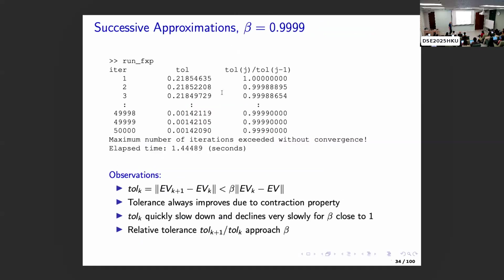So that's pretty good. So here's what happens if you do successive approximations with a discount factor that's very close to 1, just like John had in 1987. Here's the tolerance. That's the maximum absolute difference between two successive approximations. That should be 0, right? Okay. You see, it's not quite 0, so we do another iteration.